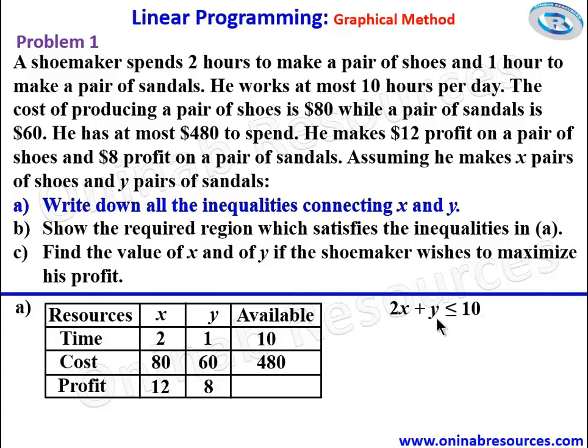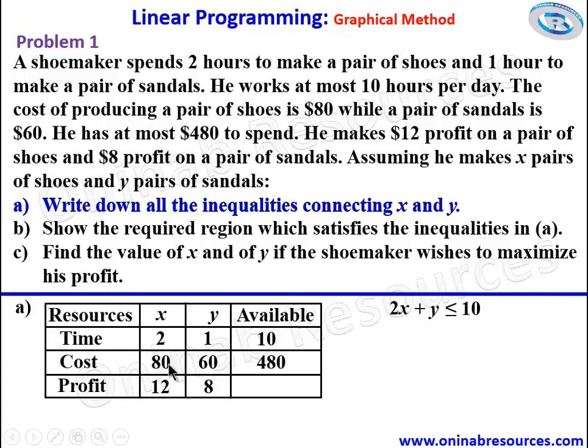So when you add the total time, he can spend exactly the 10 hours, he can spend less than that, but he cannot spend more than 10 hours in a day. So that is why we have 2x plus y less than or equal to 10. That is the first inequality.